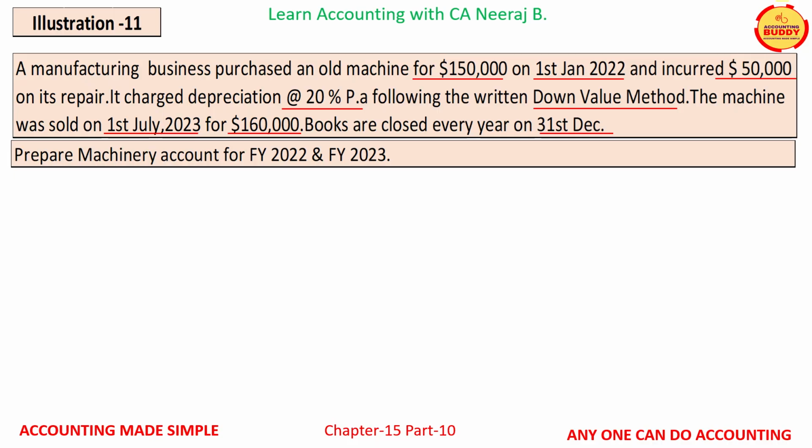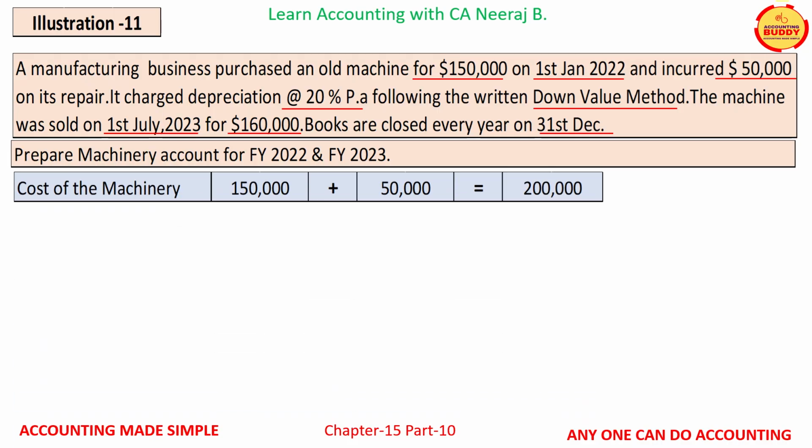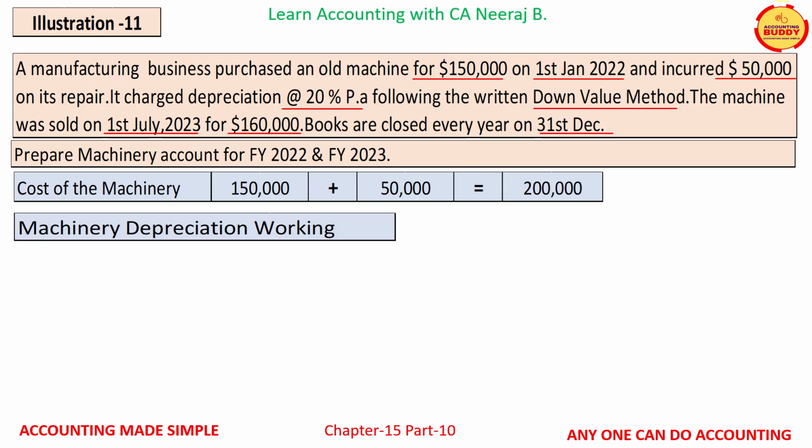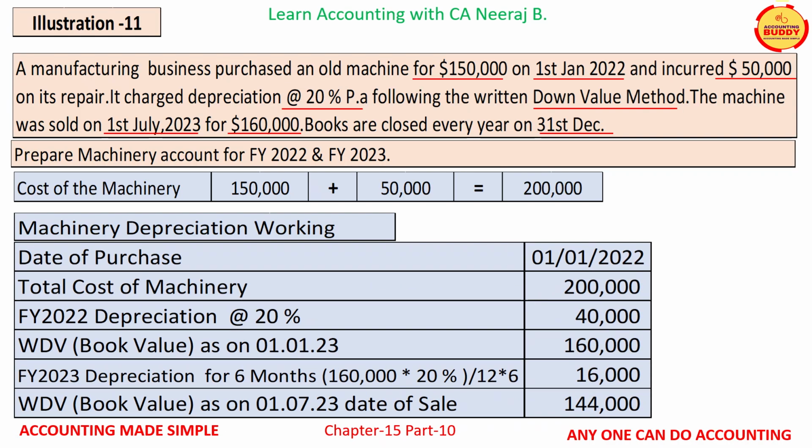Let us first find out the total cost of the machinery. The cost of machinery of $200,000 is the sum total of the purchase price, that is $150,000, and the repair charges of $50,000. Now let us do the depreciation working. The machinery is purchased on 1st of January 2022. The total cost of machinery is $200,000.